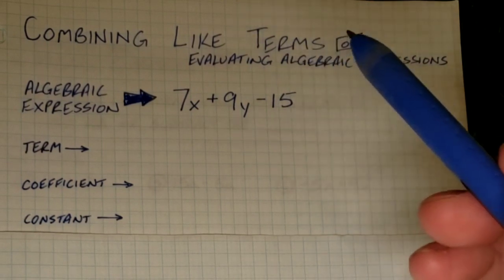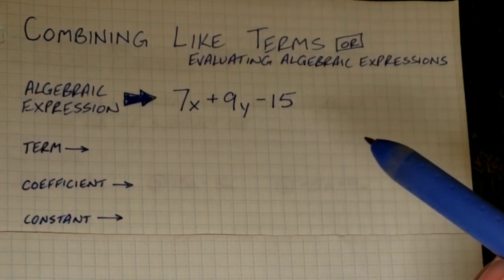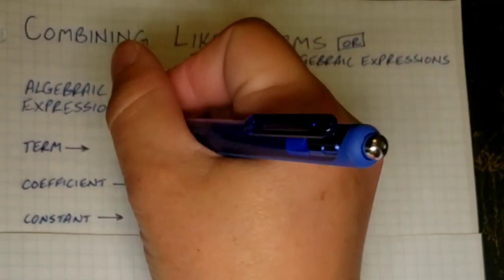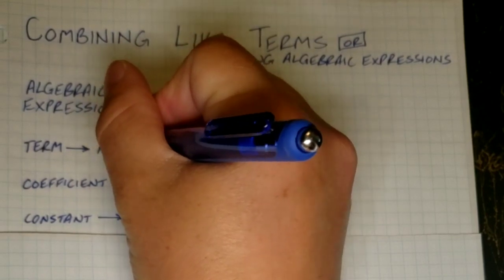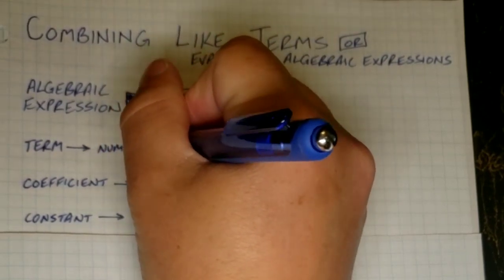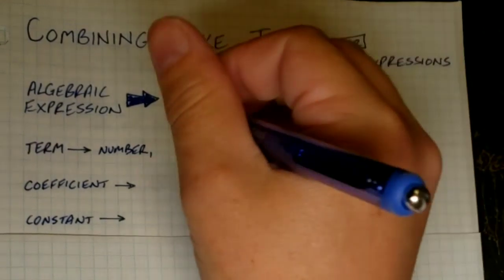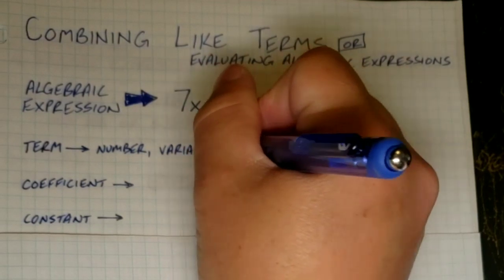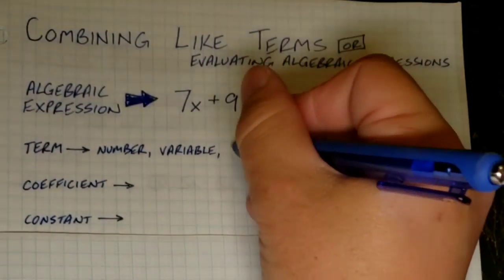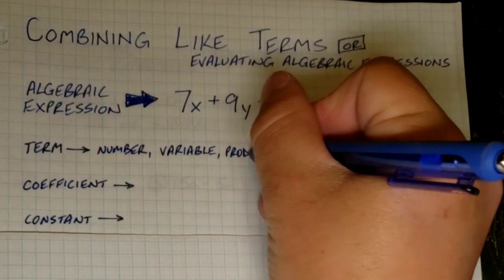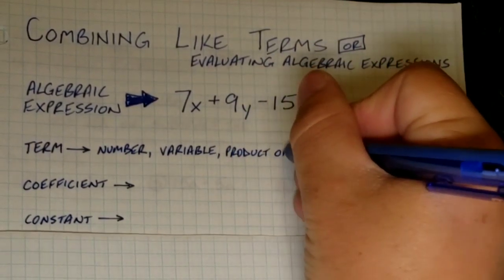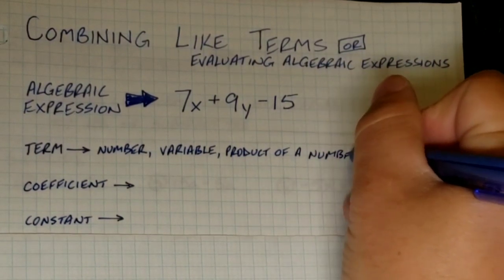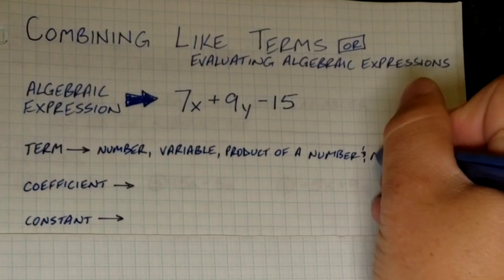All right, in this algebraic expression, there are three terms. A term can be just a number by itself. It can be just a variable by itself. Or it can be the product of a number and a variable.